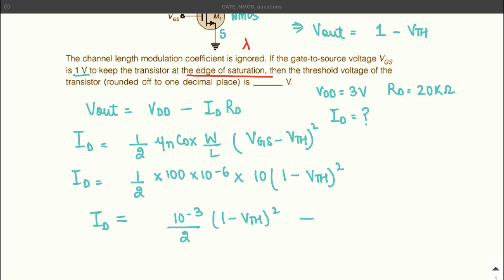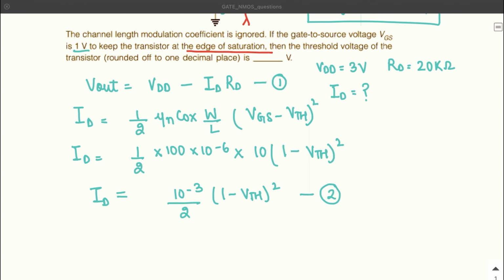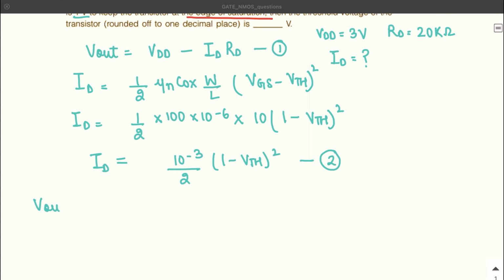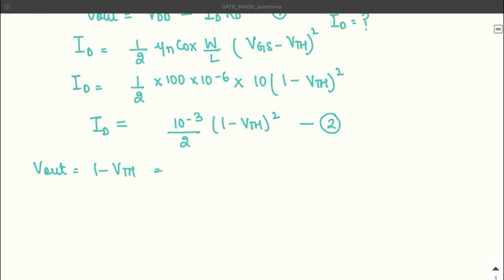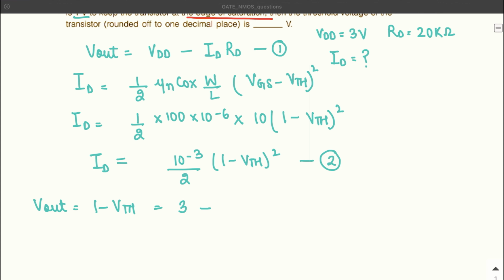Now we will substitute this drain current, that is equation 2, in equation 1. We also have the main equation that Vout is equal to 1 minus VTH. So Vout, which is equal to 1 minus VTH, is also equal to VDD, which is given in the question as 3 volt, minus ID that you have just found with the help of equation number 2, multiplied by 20 kilo ohms, which is the value of the resistance.